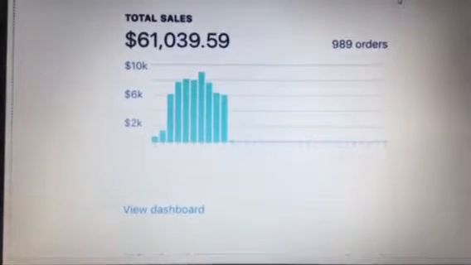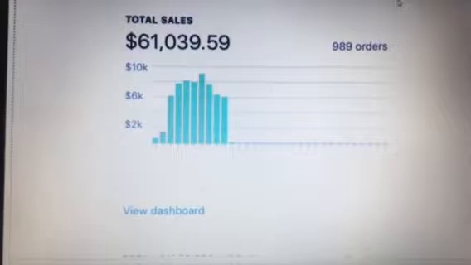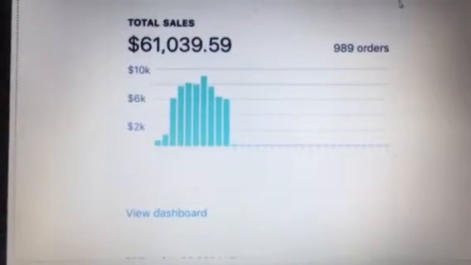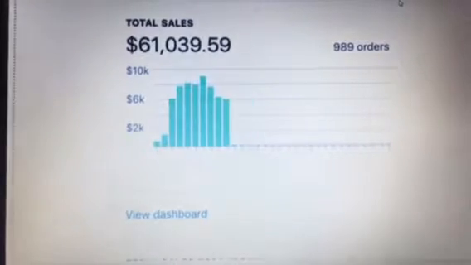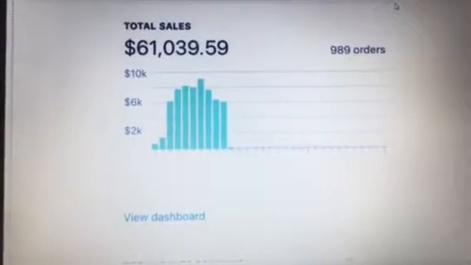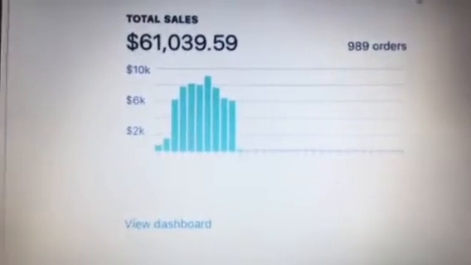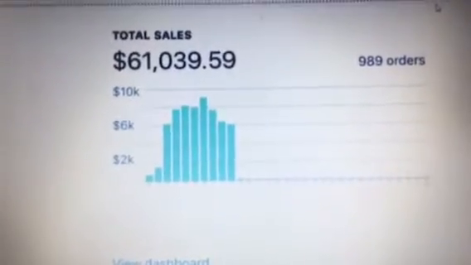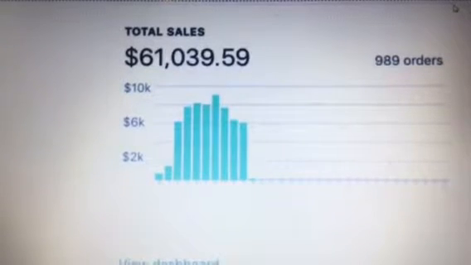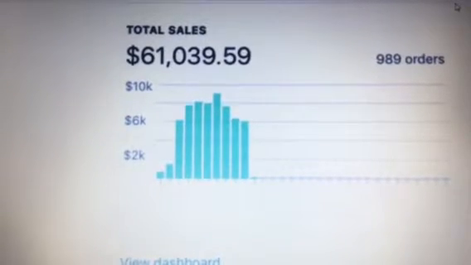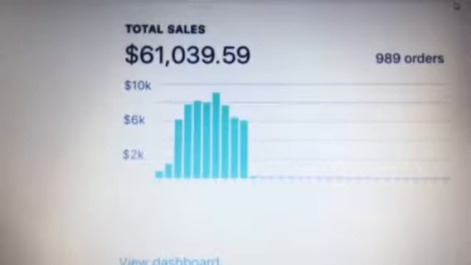I'm thinking next year we could probably get him up to that $20,000 a day mark. The key is we can get his store up to $50,000 if we want to, but the profit margins start to slow down. So we have to have that happy medium between revenue and profit margin. The sweet spot is like $20,000, $25,000, $30,000 a day while maintaining that 30% profit margin.